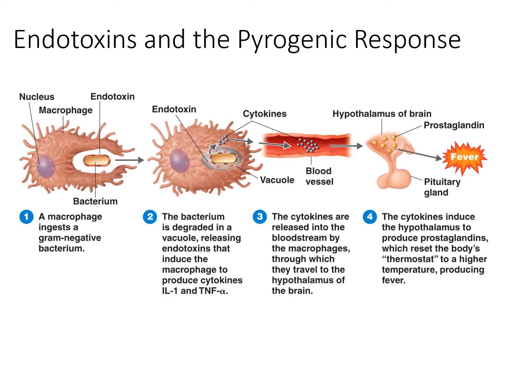So here, the endotoxin causes this macrophage to start producing two types of cytokines, IL-1 and TNF-alpha. So IL-1 stands for interleukin-1, and TNF-alpha stands for tumor necrosis factor alpha, and they can have a variety of effects in the human body.